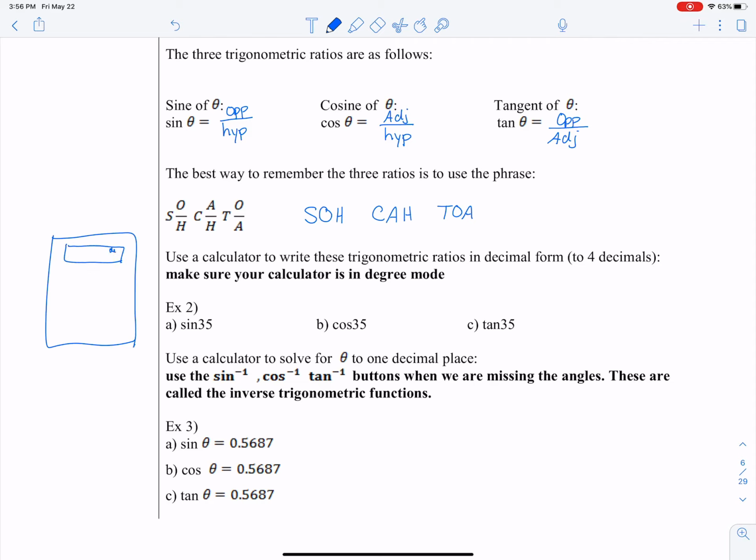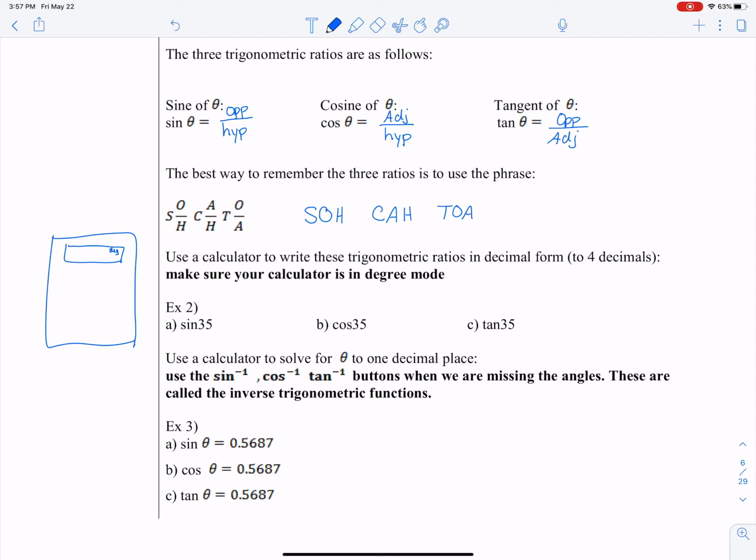You need to see, in tiny letters at the top, the word degree, or sometimes it's just a D, or some calculators use mode 2. If it doesn't say that, look on the back of the calculator or in the manual that it came with, or look it up online and figure out how to change to degree mode.